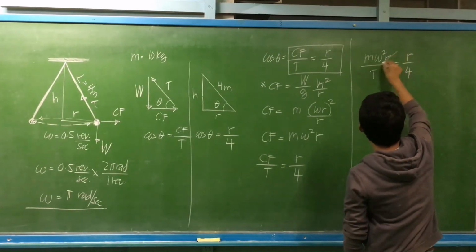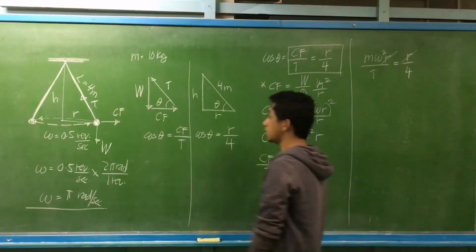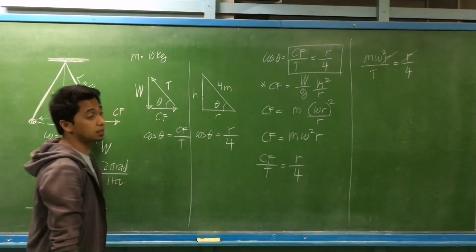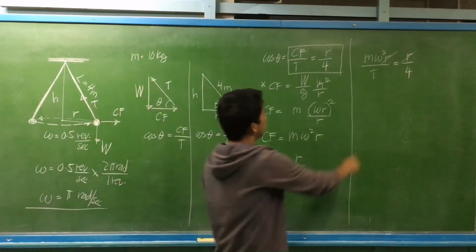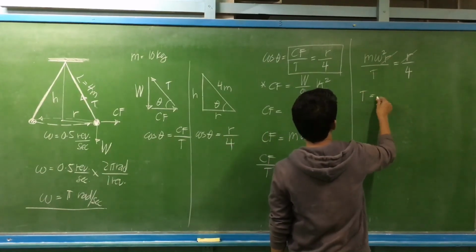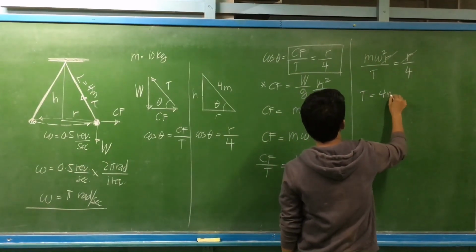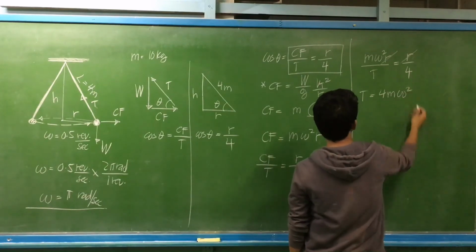So we can now cancel the radius. That's why the radius is not given. Then the tension is equal to 4 times the mass times angular velocity squared.